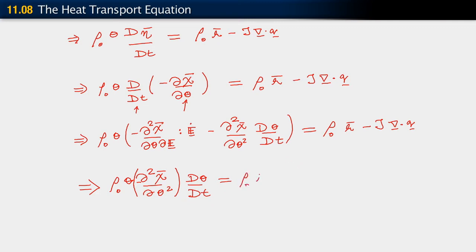So I got rho naught r bar minus J divergence of q plus rho naught theta times the second derivative of chi bar with respect to theta and with respect to E, contracted with E dot.